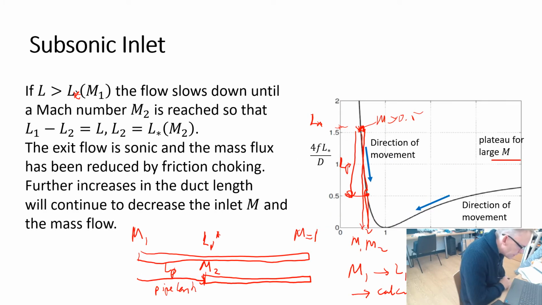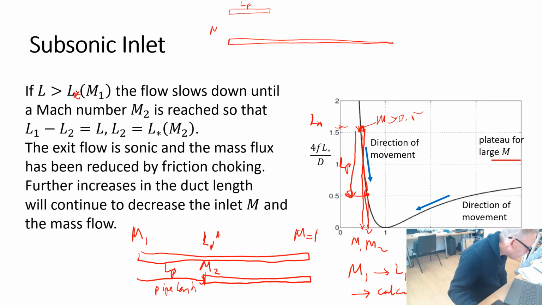So let's look at an example where we've got an initial subsonic inlet. Let's suppose we have a pipe, its length LP, and we've got an inlet of Mach number M1, and we ask ourselves, what is the Mach number at this point, M2?